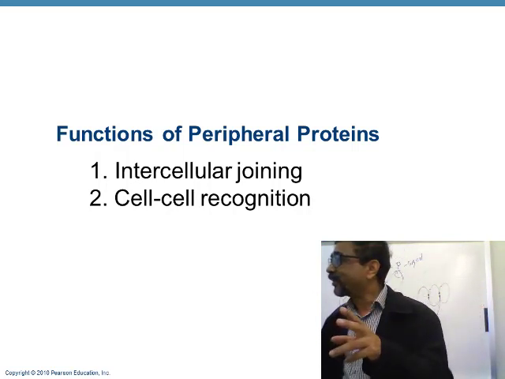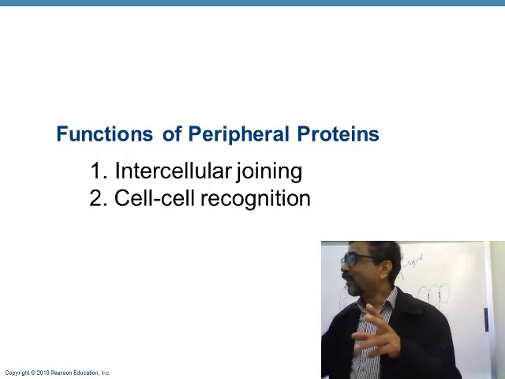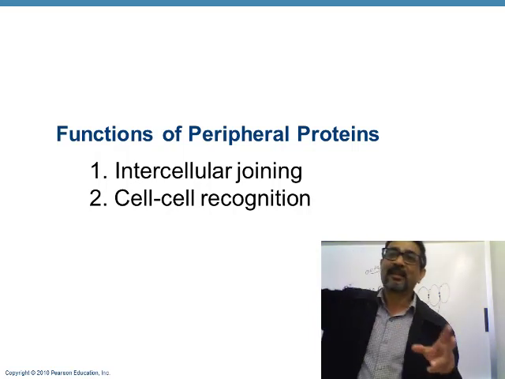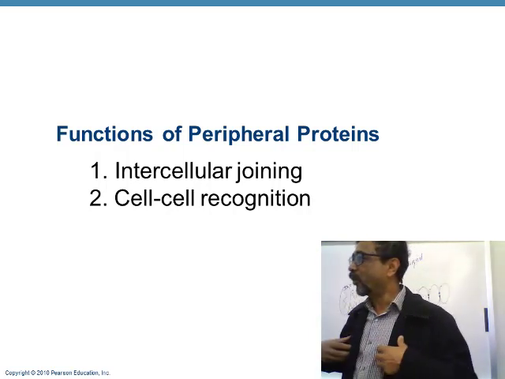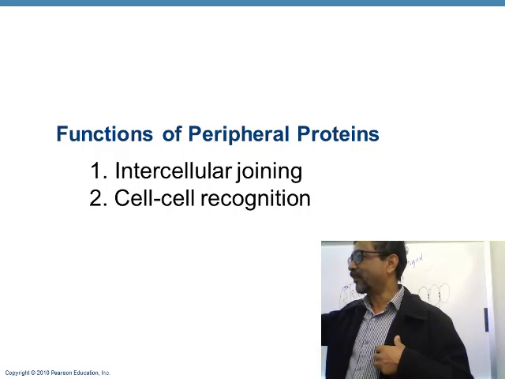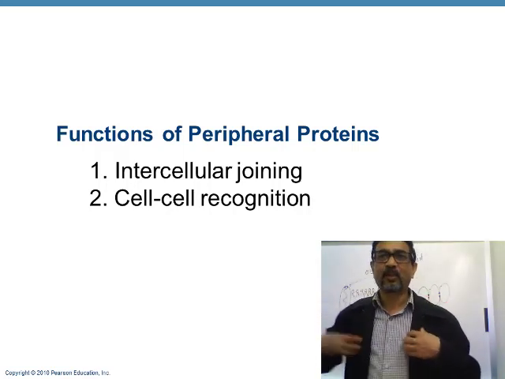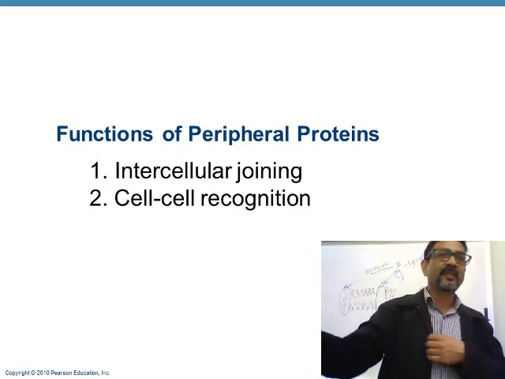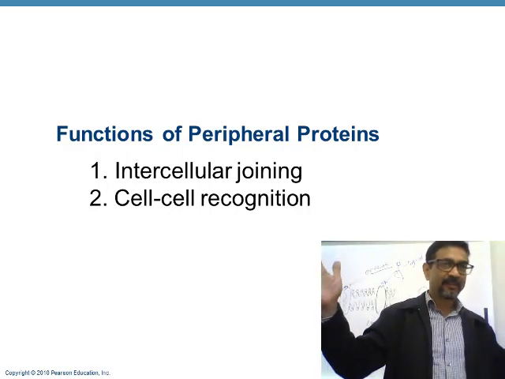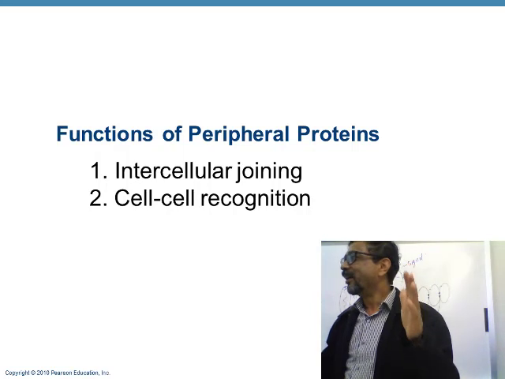Your body cells know if the cells are coming from your own body or from another person's body. You already know that, right? Like if I want to give my tissue to your body, most of the cases what will happen? Rejection, right? The chance of rejection is very high. Why?